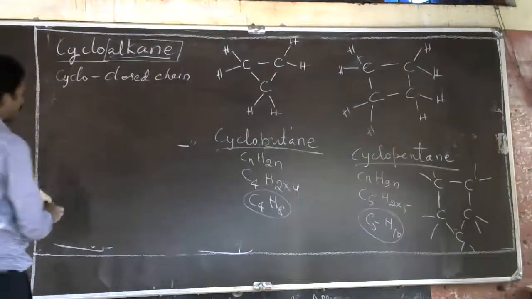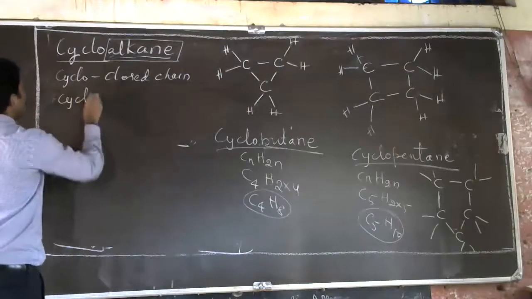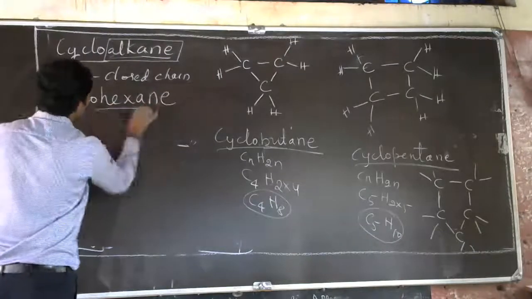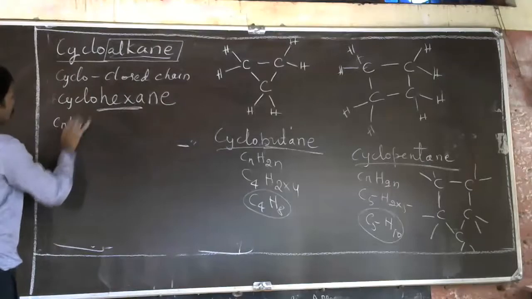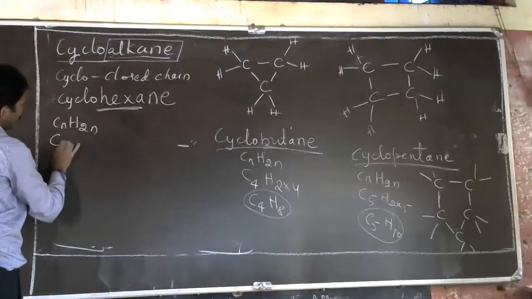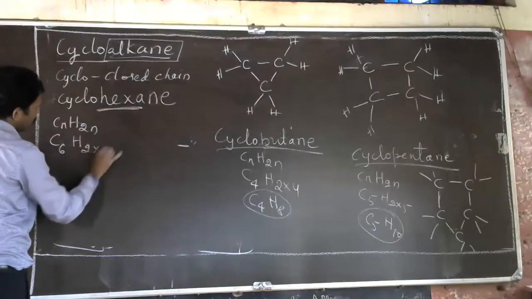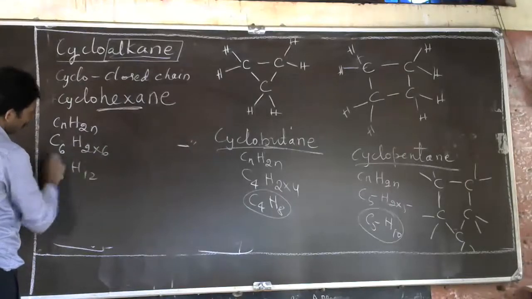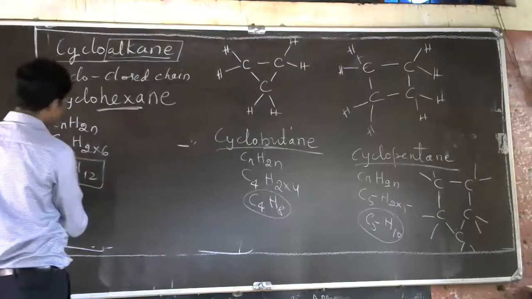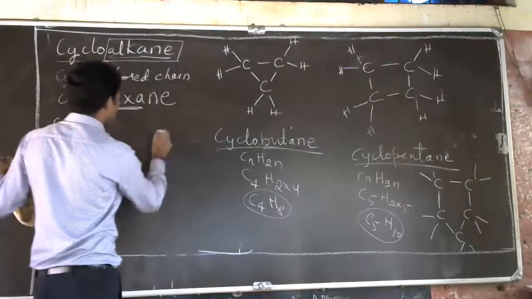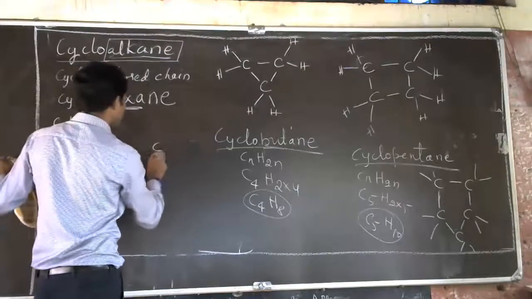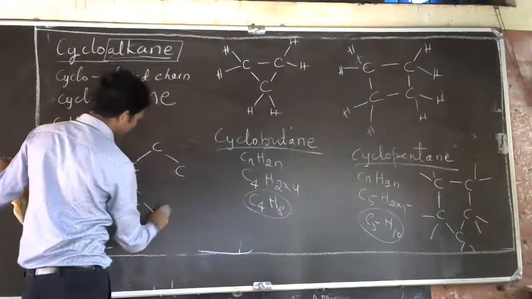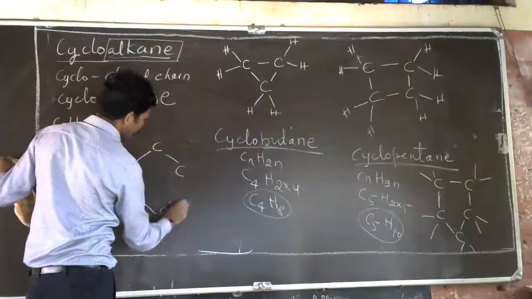And next one is cyclohexane. Remember this, cyclohexane. So hex means 6. So CnH2n, C6H2 into 6, so C6H12. For this we have to write the structure. 6 carbons.